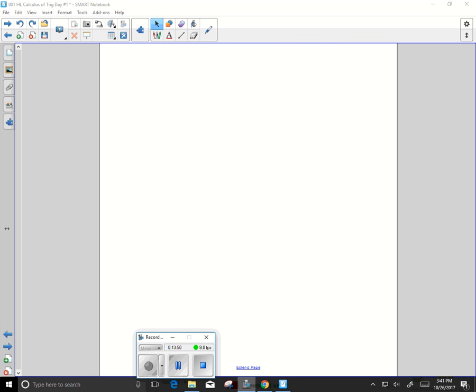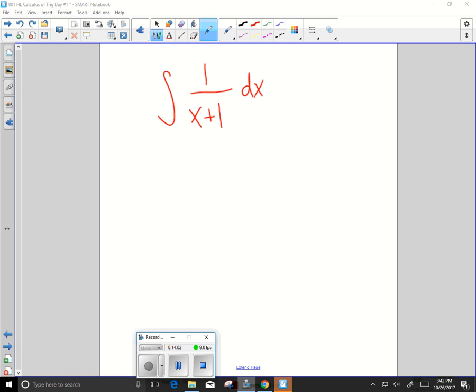One more quick integration technique. If I want to integrate 1 over x plus 1, what would you do? Well, you would probably let u equal x plus 1. The derivative is dx. This is just going to be the natural log of x plus 1, isn't it? Plus c.